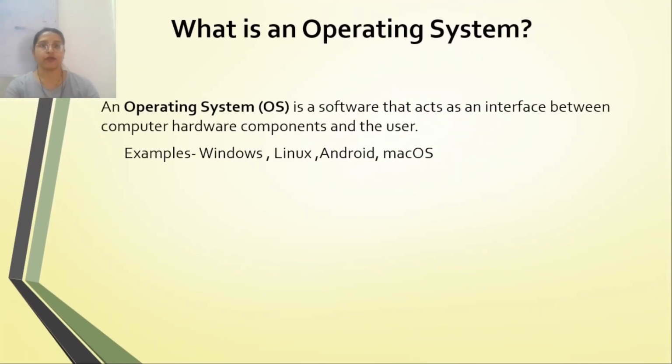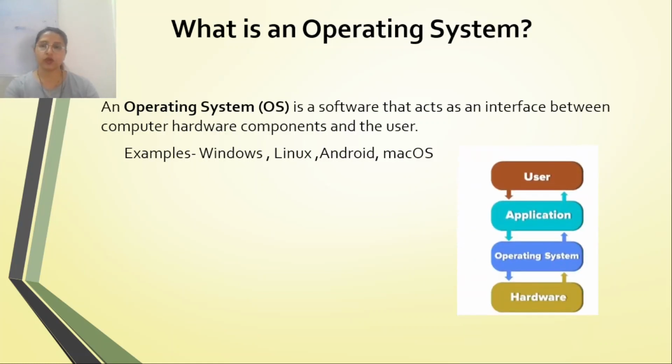As we know, what is an operating system? An operating system is system software which acts as an interface between the user of a computer and the computer hardware. So the user is going to interact with the application, the application is going to interact with the operating system, and the operating system will actually interact with the hardware.